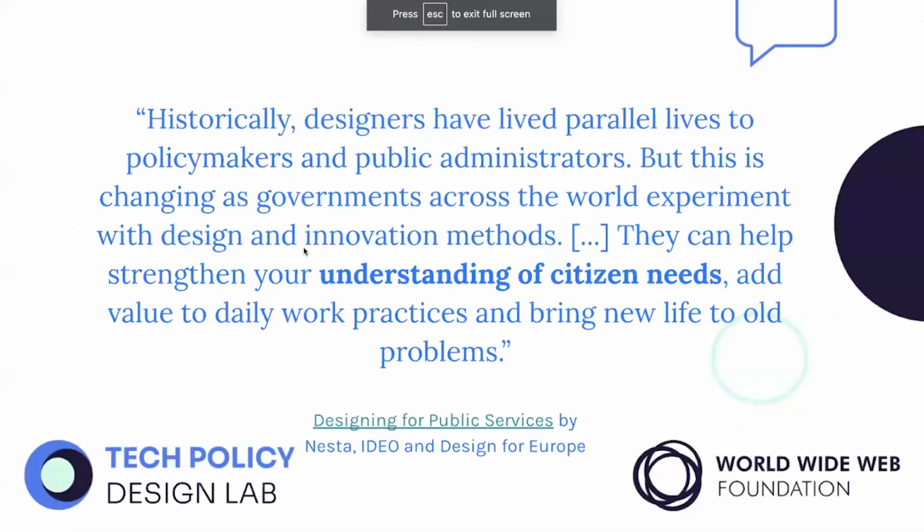So there's this very interesting quote about how, historically, designers, like people who design for the web, have lived parallel lives to policymakers and public administrators. But this is changing as governments across the world experiment with design and innovation methods. And these methods can help strengthen your understanding of citizens' needs, of user needs, and add value to the daily work practices and bring new life to old problems.